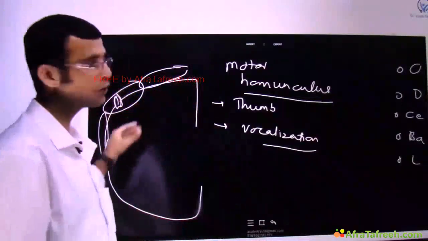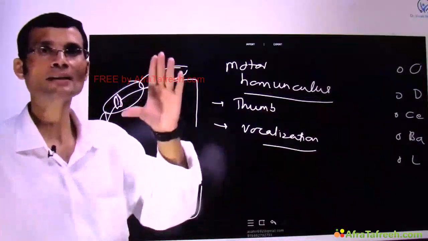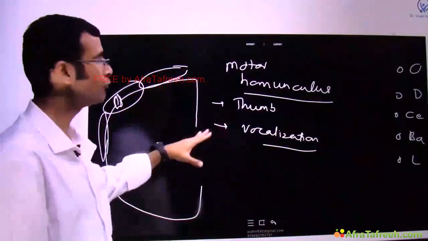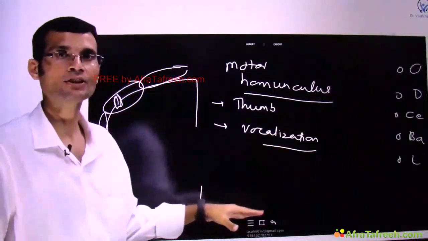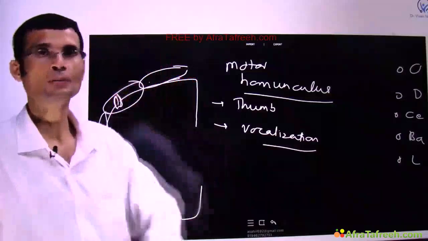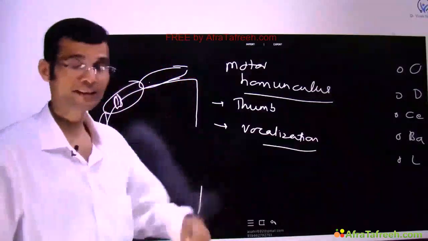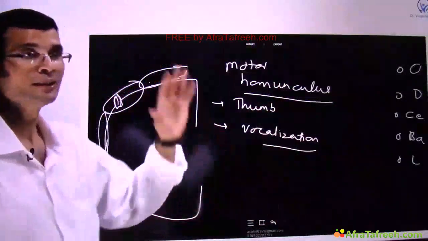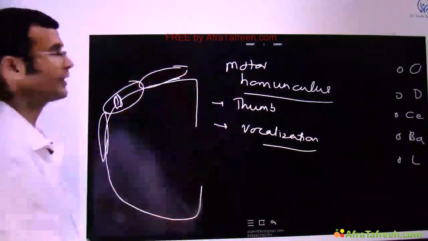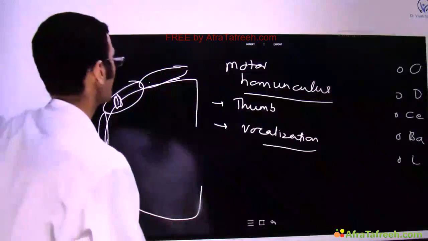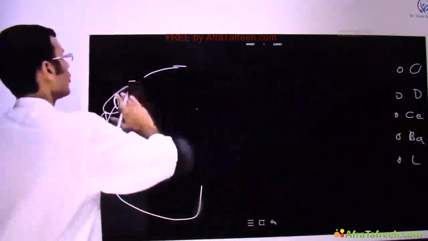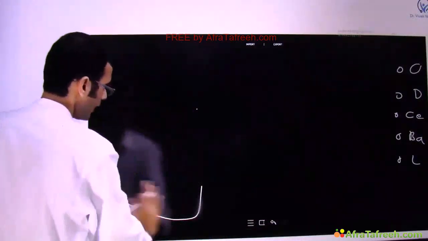So what is the meaning of that in the motor cortex? It means muscles of speech, muscles of vocalization and mastication. Therefore, mouth is shown open. Whereas in the sensory homunculus, mouth is closed but lips are shown to be swollen. So they are occupying large area in the sensory cortex for sensation. That's the motor cortex and its areas.